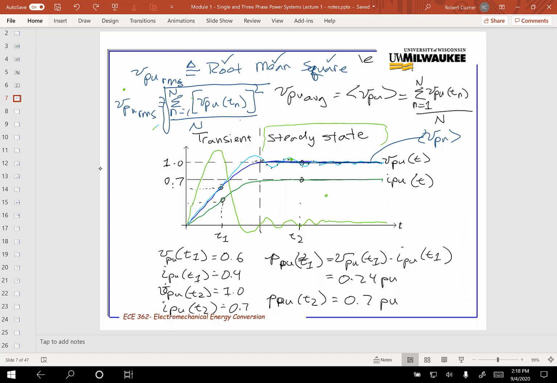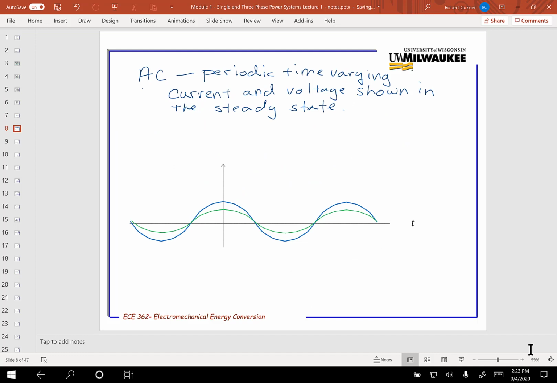If there's a little bit of AC content in here, it'll be a little bit higher, but it's going to be a flat number. It's going to be the same number over the whole period that I took the samples of. So what you have is scalars, averages, and RMS, different ways of looking at things.